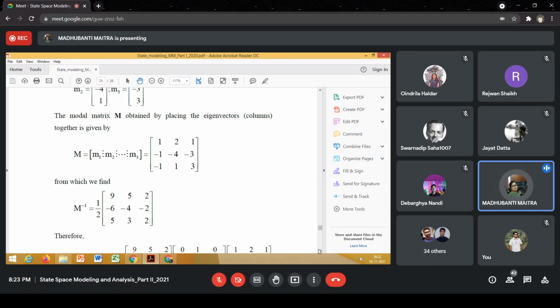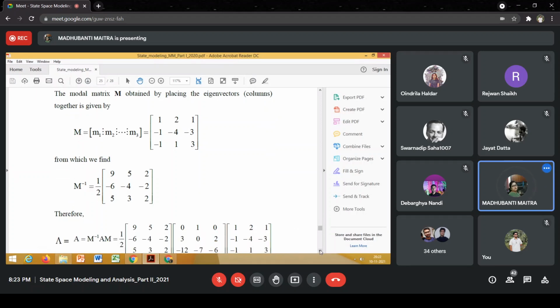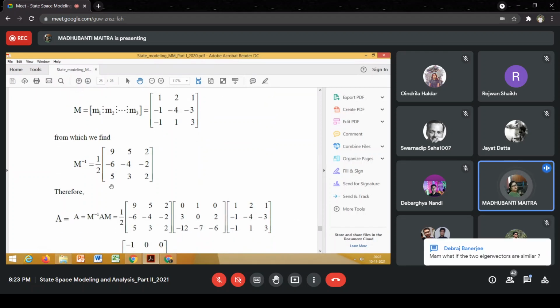So this is our modal matrix, and let's check whether this is actually our modal matrix or not. For that, we'll have to compute M inverse. M inverse is this one.